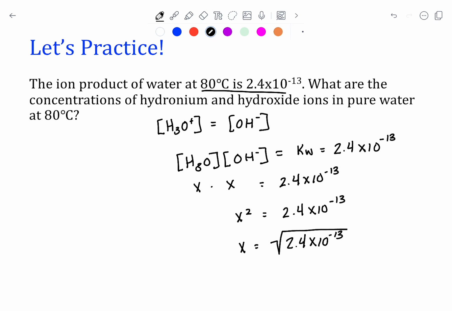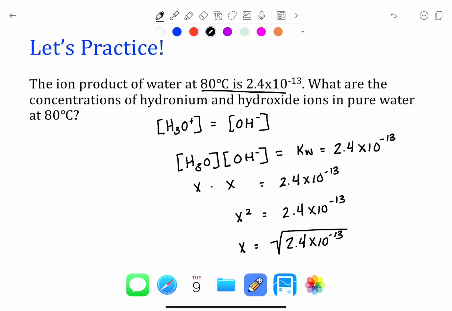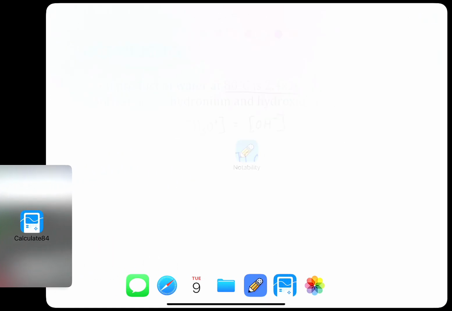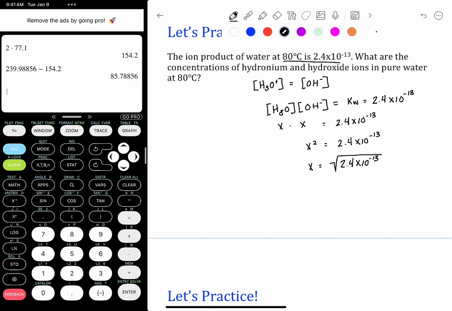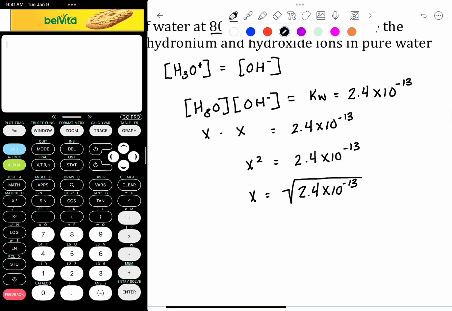So let's grab our calculators and solve this problem together. So we're going to do the square root of 2.4 times 10 to the minus 13.